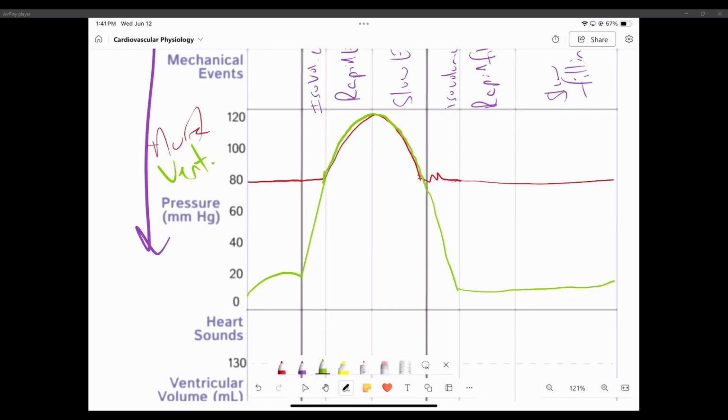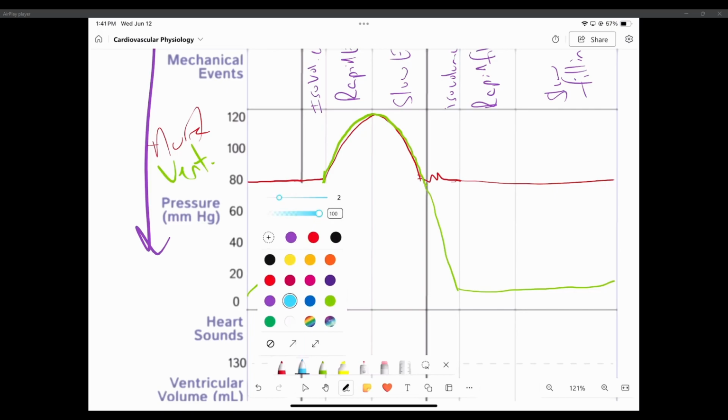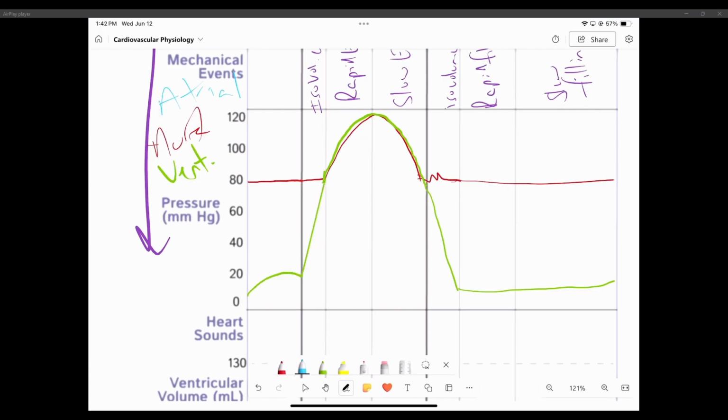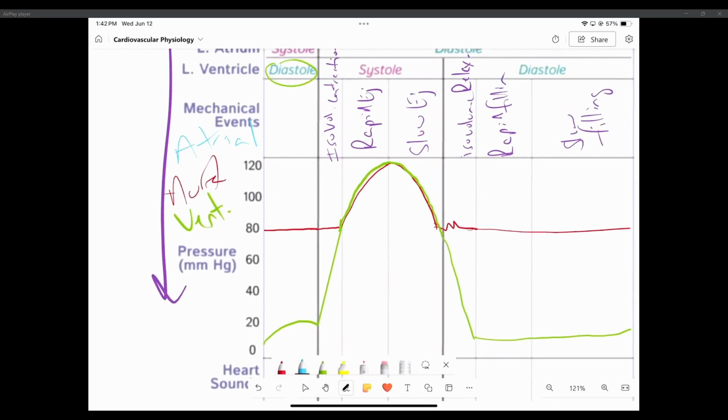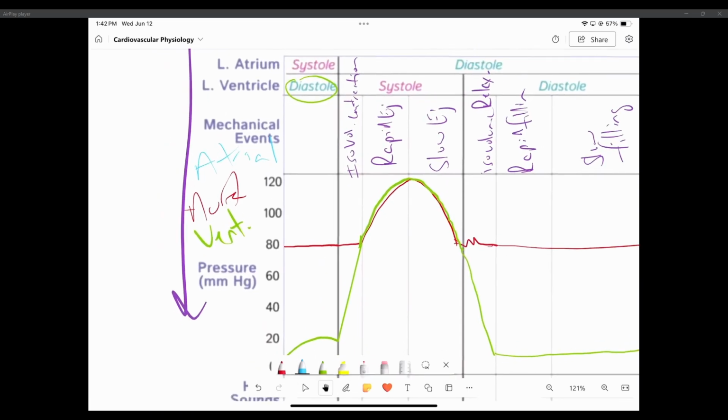Now let's add in our atrial pressures. I'll put it in blue. Okay, so now we have atrial in blue. We know that during left ventricular diastole, blood is moving from what chamber to the other chamber?